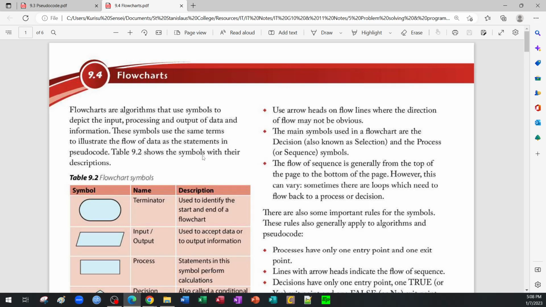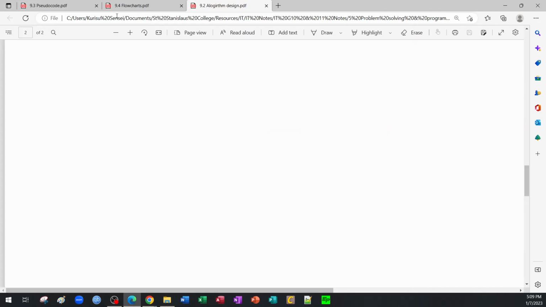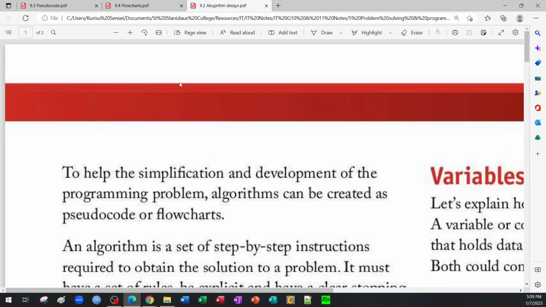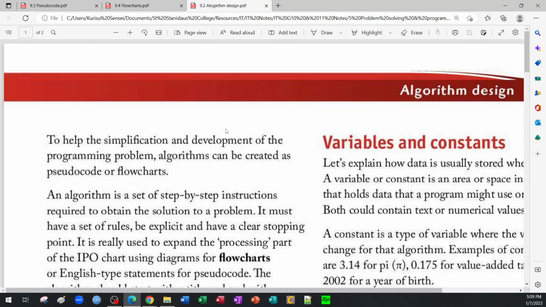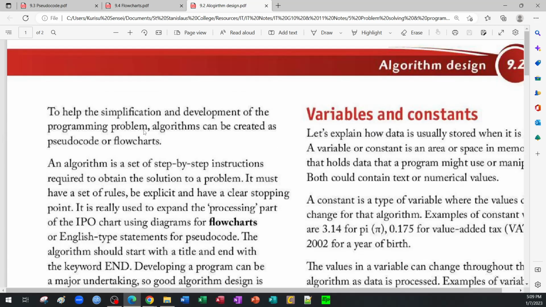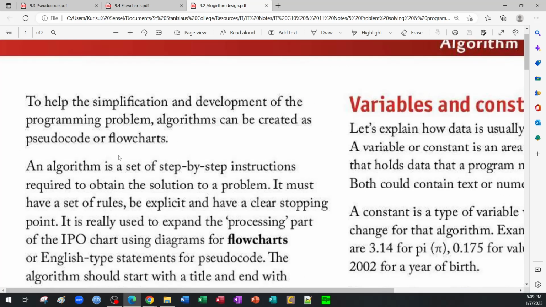Alright, so let's continue. So when we had started chapter 9.2, yes, chapter 9.2, when we were looking at algorithm design, we basically said in the first paragraph that there are 2 methods to create an algorithm.